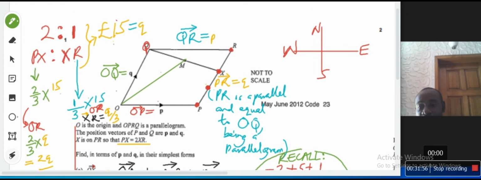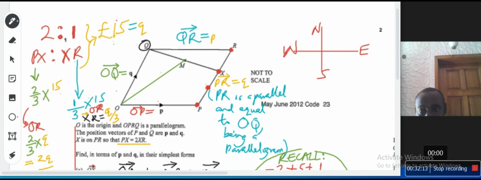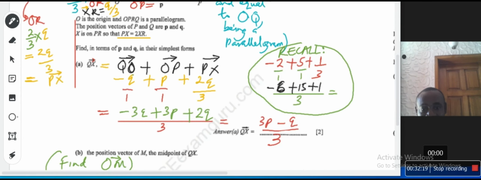How do we find OM? It's actually easy. We found QX, remember? What did you get QX as? I think I need to write this out properly using a black marker. We got QX as 3p minus q over 3.